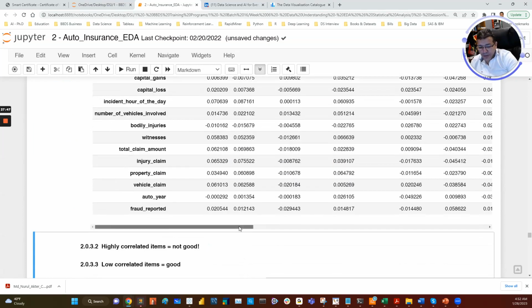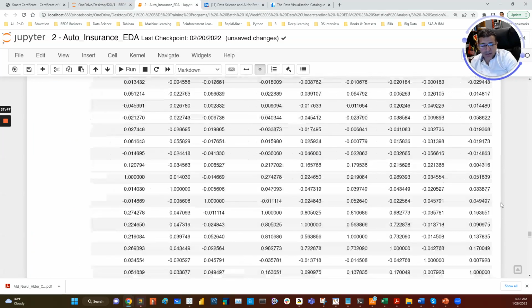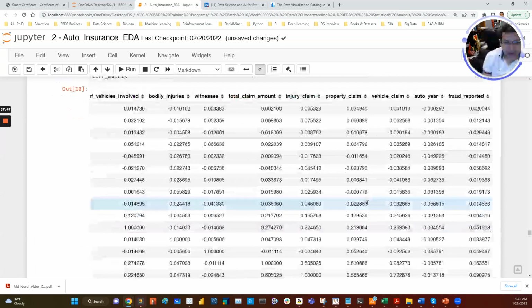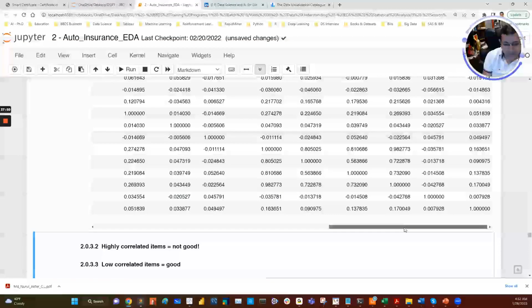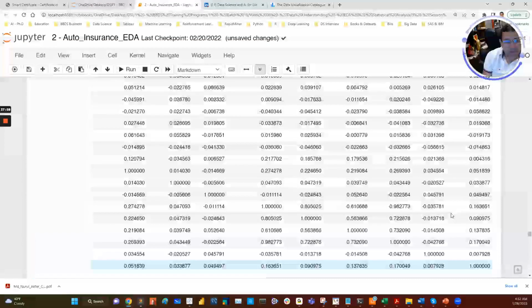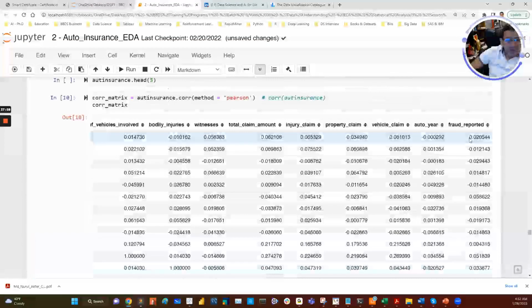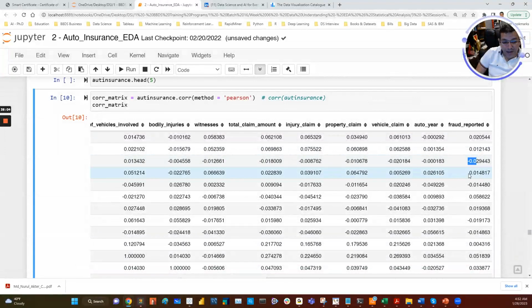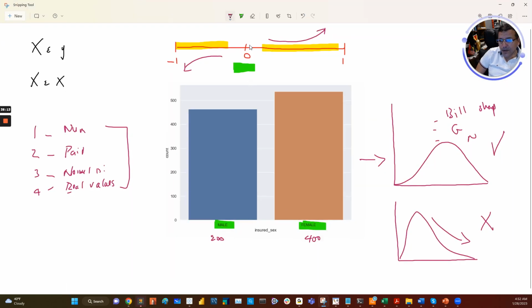The first thing we are going to find out is the correlation with the target variable. So we got 0.020, minus 0.09, minus 0. They are very minimal, very close to 0.